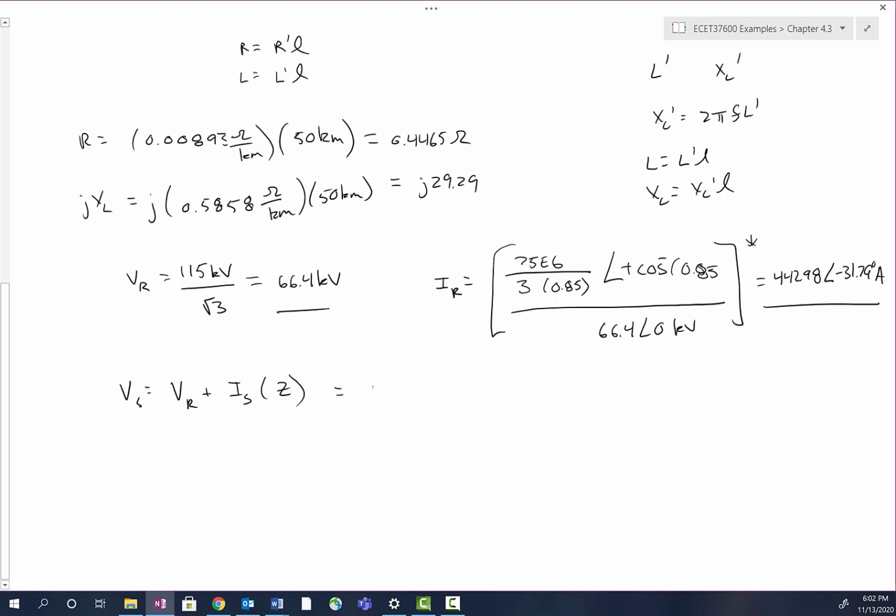So that's 66.4 angle 0 degrees plus 442.98 angle negative 31.79 degrees, and then that series impedance was 0.4465 plus J 29.29. And so my sending end voltage, if I just toss that into my handy dandy calculator, is 74.2 kV at an angle of 8.5 degrees.